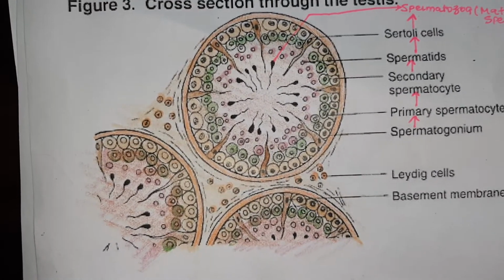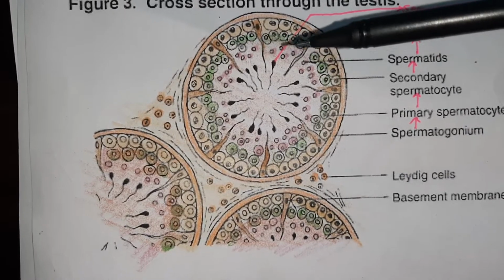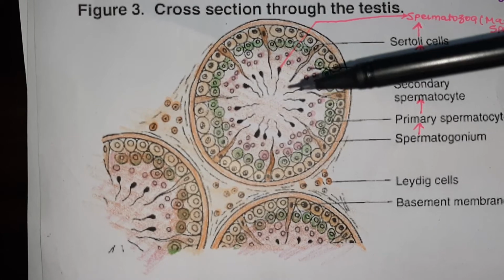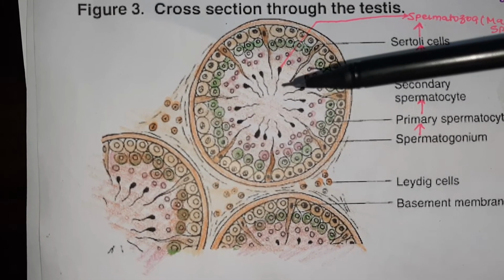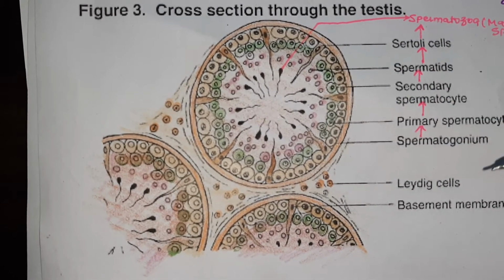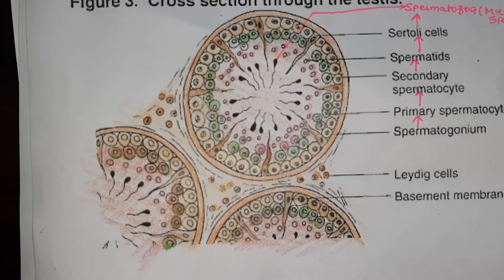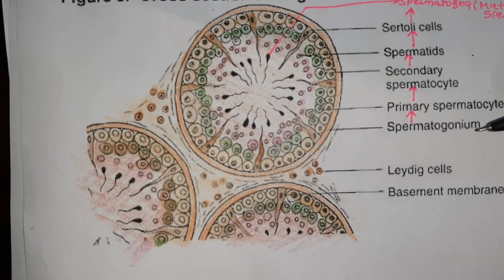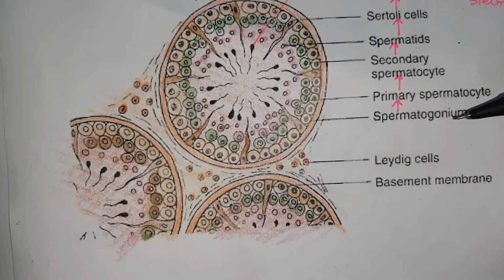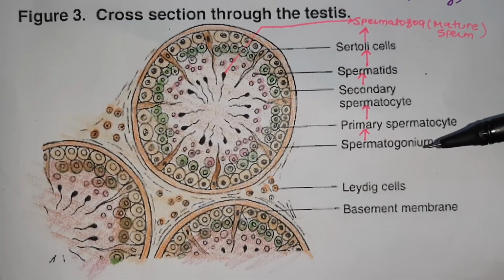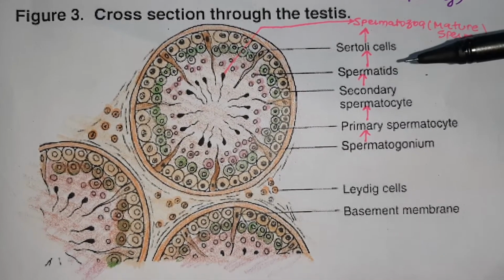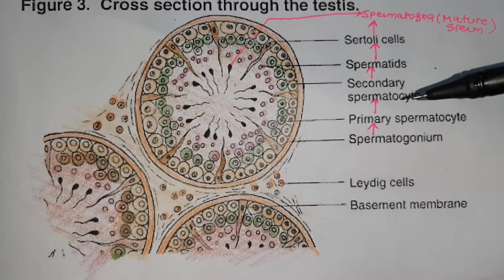I will discuss later spermatogenesis, that is the production of mature spermatozoa from the sperm mother cell, which we call spermatogonia. I will also discuss the ploidy, that is whether they are diploid or haploid, later in the topic of spermatogenesis.